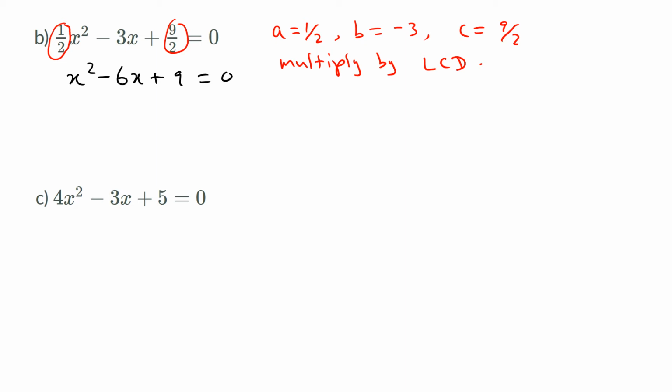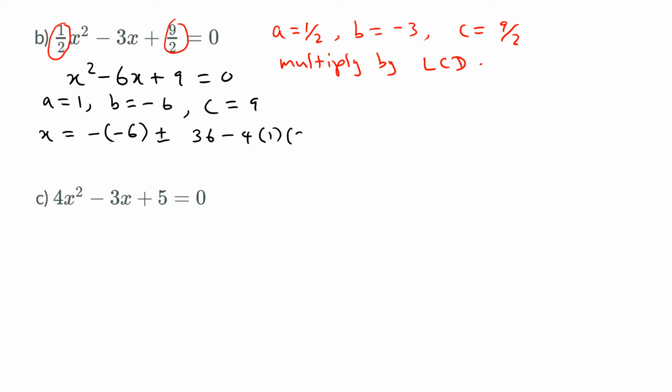So now we're going to use the formula. In this one you can see now a equals 1, b equals -6, and c equals 9. These are much simpler compared to the original one. So the solution is x equals negative b, which is -6, plus or minus square root of b squared, that means -6 squared, that means 36, minus 4 times a, which is 1, times c, which is 9, all over 2 times 1.